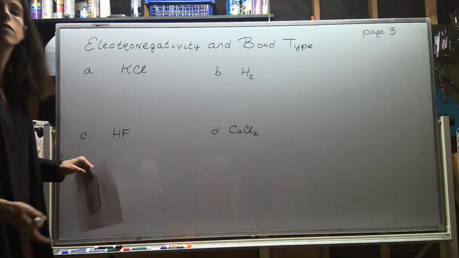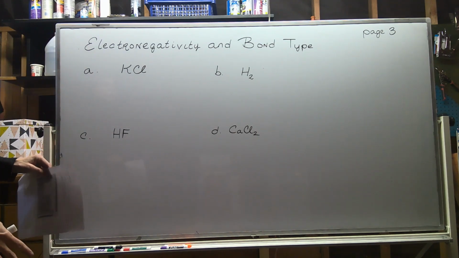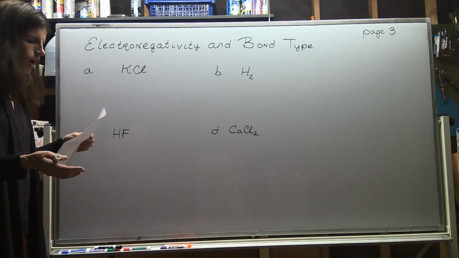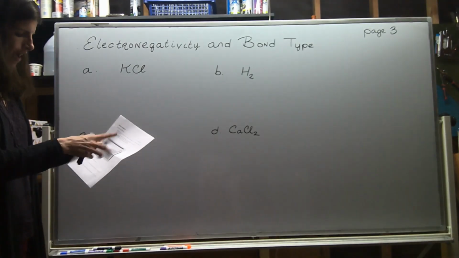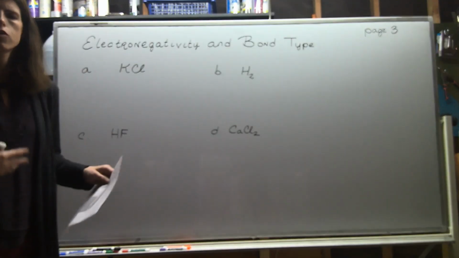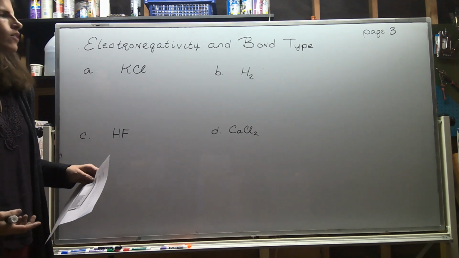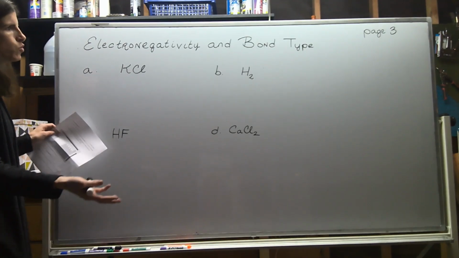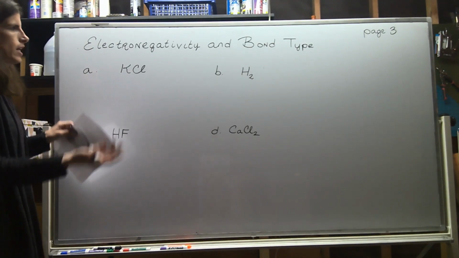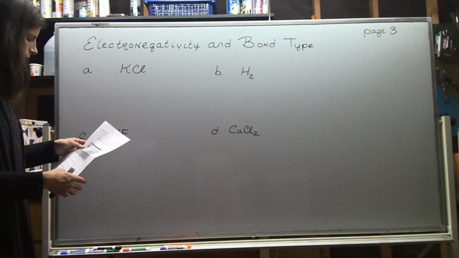Alrighty, in this next set of exercises, we're asked to identify the bond types. Definitely you need the values on page 2, or you need another source for electronegativity values. You're not going to just be able to do this by looking at the periodic table. So you need to look up those values.